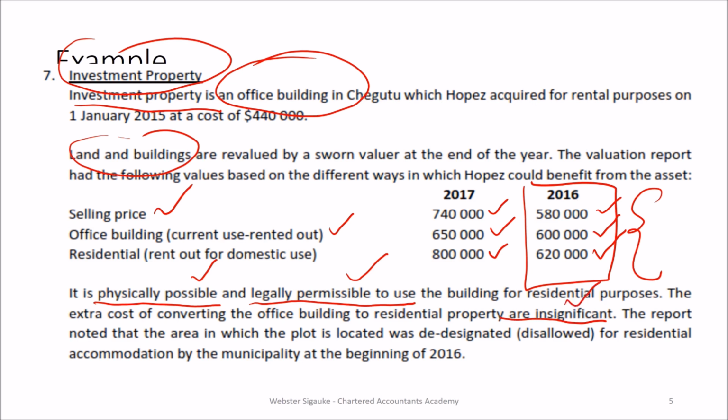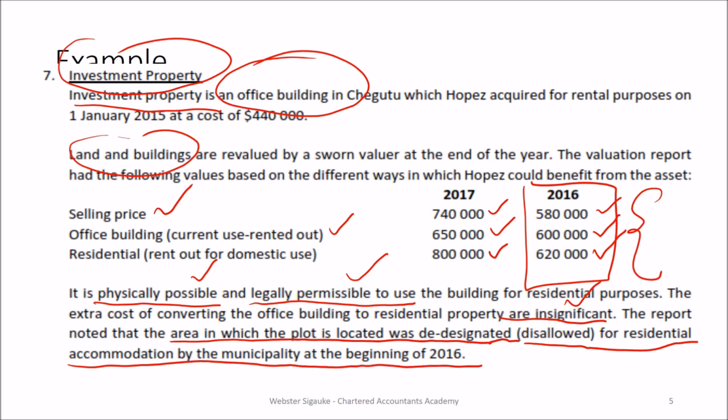So it's also financially feasible. But the report noted that the area which the plot is located was disallowed for residential accommodation by the municipality at the beginning of 2016.